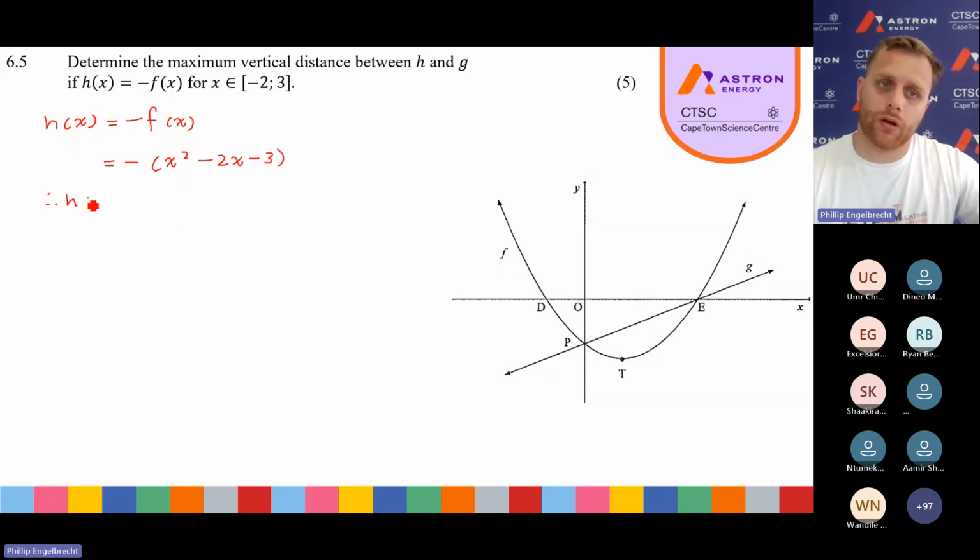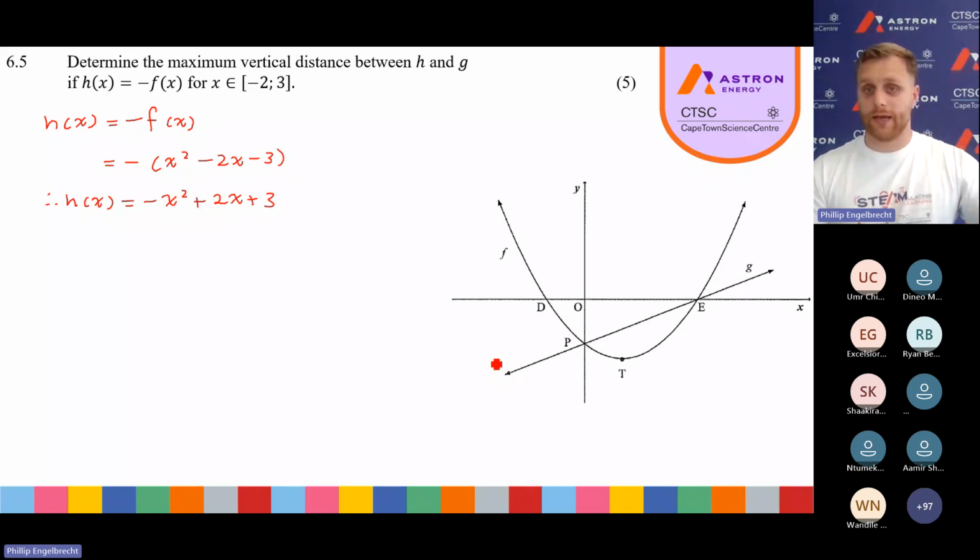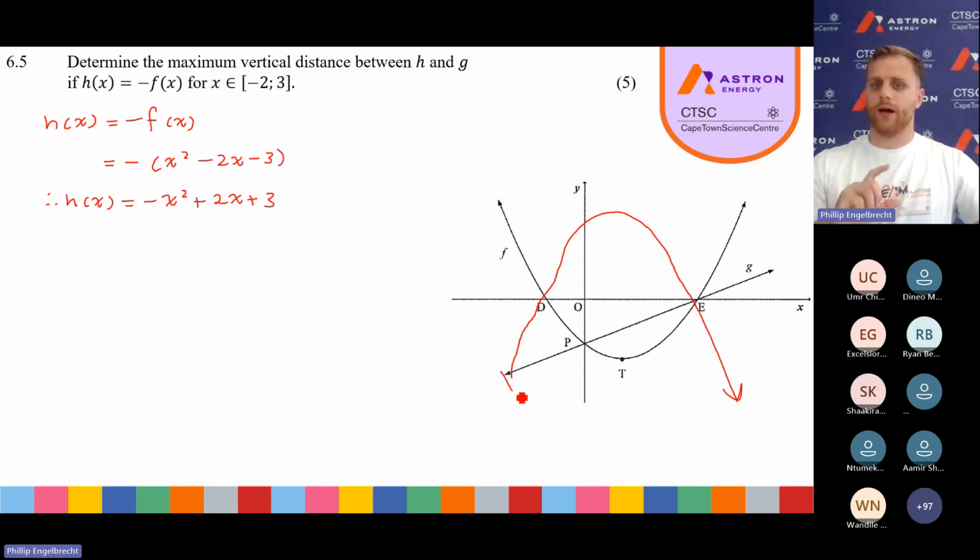So therefore, h of x, you just multiply the negative in, becomes negative x squared plus 2x plus 3. Now, basically, it is this graph, but it is like that. So they've just flipped the graph. That's basically what they've done.